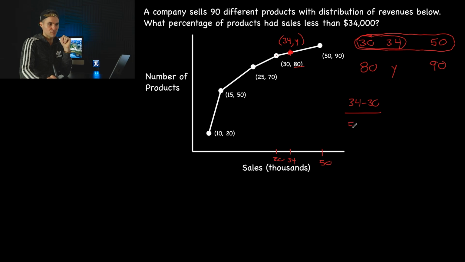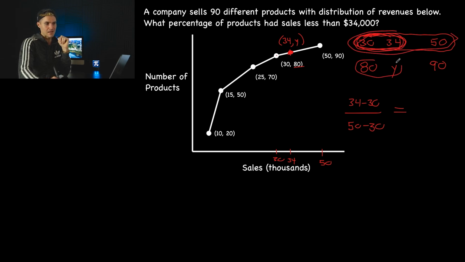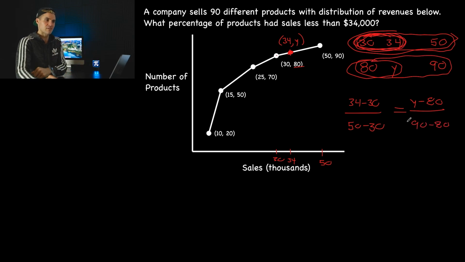As a proportion of 50 minus 30, that proportion, this 4 out of this 20, is going to be the same proportion here, y minus 80, right? We just put it in the same format, over this entire interval right here, which is the 90 minus 80, right? The proportions have to be the same right here. And so that's how we could set up an equation to solve for y.